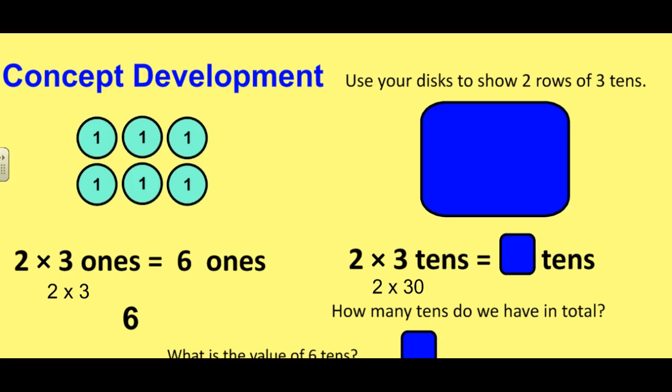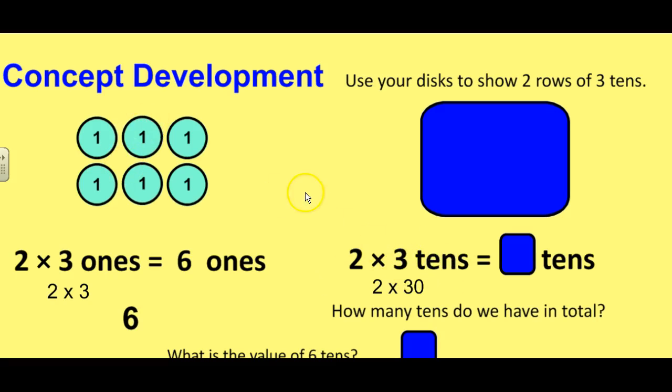So now we're going to use the same problem, but we're going to change it and multiply by a multiple of 10. So now instead of saying we have 2 times 3 ones, which we knew was 6 ones, we're going to say 2 times 3 tens. So now we're going to draw the same array, but this one had 3 ones, and now this one says 3 tens.